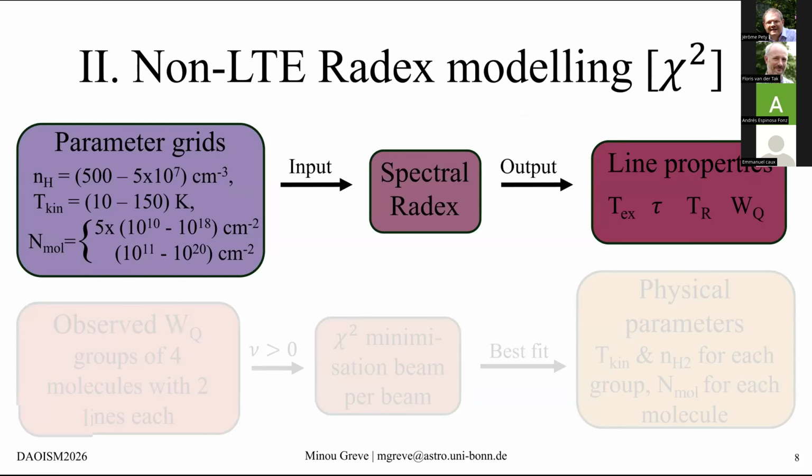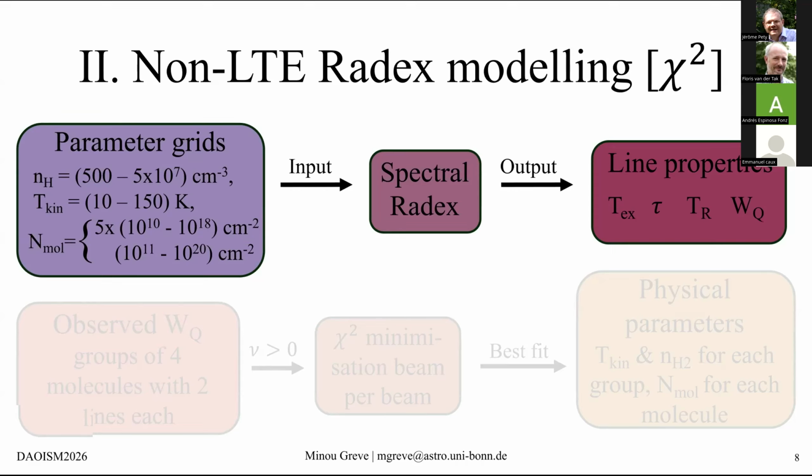So if we come to that, well, this is huge. We use non-LTE modeling with RADEX, and for that we first compute big grids ranging in volume density over 6 orders of magnitude, temperatures 10 to 150 Kelvin, and for the column densities ranging 8 to 9 orders of magnitude for the bulk and for the dense gas respectively.